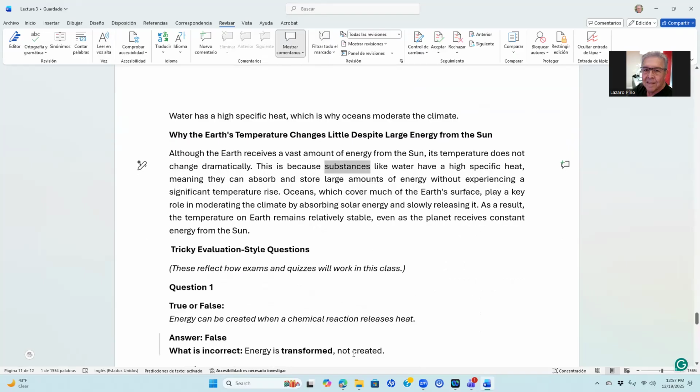This is because substances like water have a high specific heat, meaning they can absorb and store large amounts of energy without experiencing a significant temperature rise. Oceans, which cover much of the Earth's surface, play a key role in moderating the climate by absorbing solar energy and slowly releasing it. As a result, the temperature on Earth remains relatively stable, even as the planet receives constant energy from the sun.